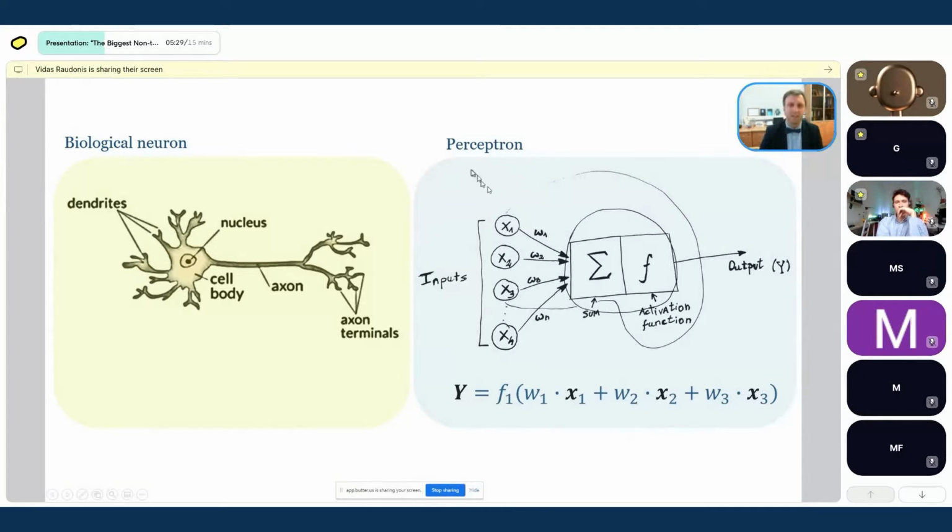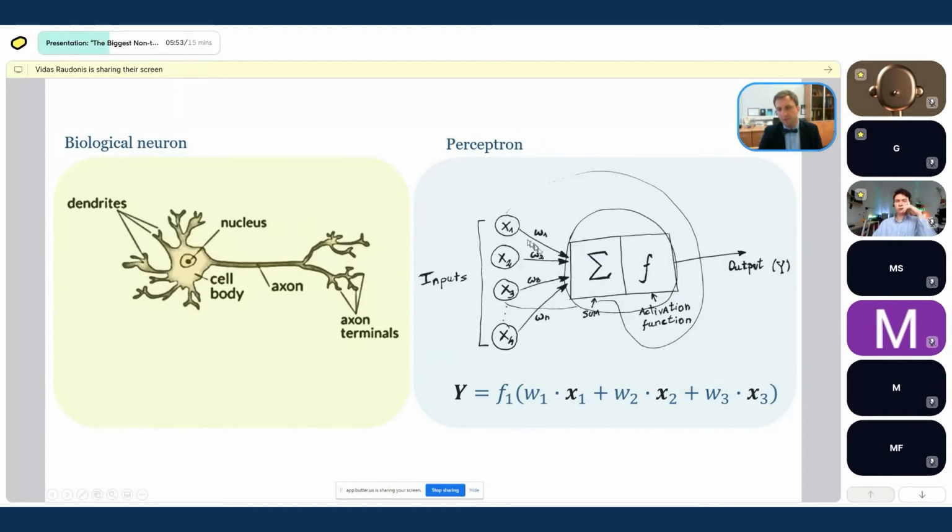And in such a way, the mathematical neurons are created. It's called a perceptron. On the left side, we have the biological neuron. On the right side, we have the mathematical neuron, and the mathematical neuron has the same structure.